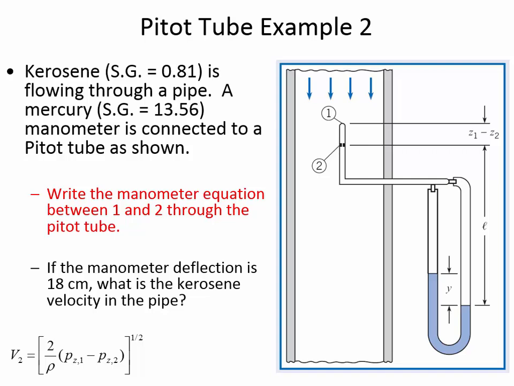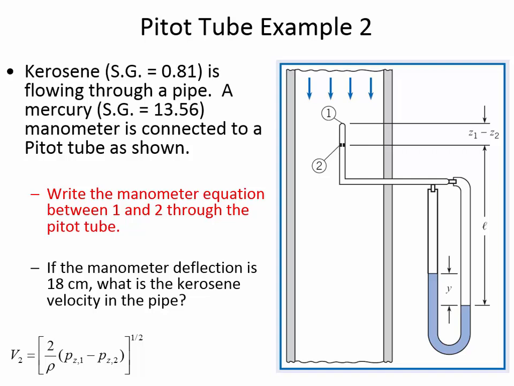L minus y. You guys got that quickly. So minus L minus y is our distance, and the fluid that we're going through is kerosene. And all of that is now equal to P2. So that is the manometer equation through the pitot tube.